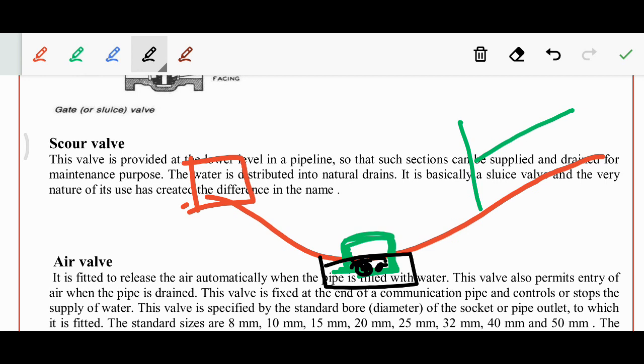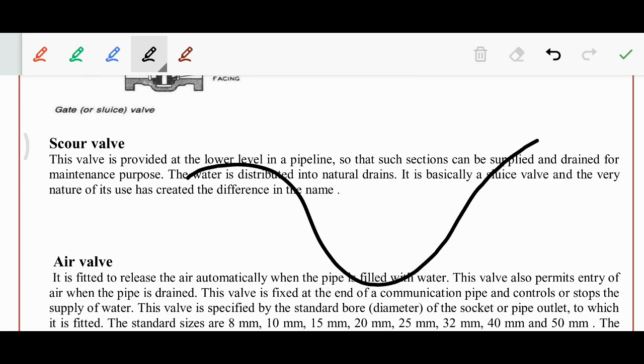This sewer line has a lot of organic matter and solid substance, all of which accumulate and stay here. With the help of this scour valve, we can remove, maintain, and inspect this pipeline.